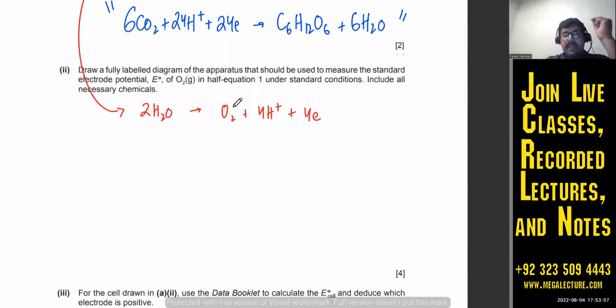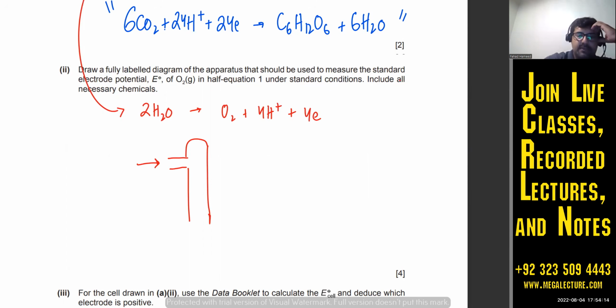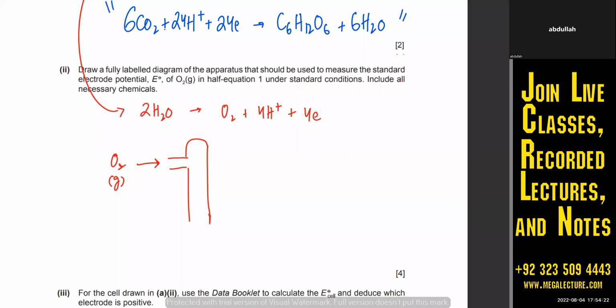First thing, it involves a gas. So you'll construct an electrode, and it's going to have a gas jar. Okay, that's one thing. So there's going to be oxygen gas in that gas jar.